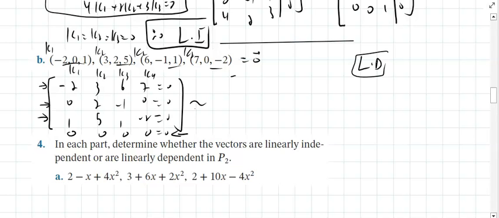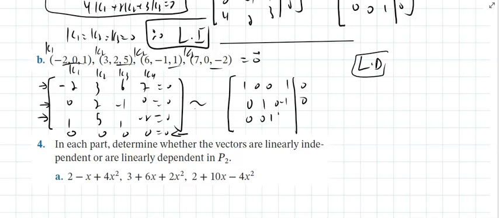the augmented matrix really reduces to 1, 0, 0, 1, 0, 0, 1, 0, negative 1, 0, 0, 0, 1, 1, 0. And obviously, we have the 0.